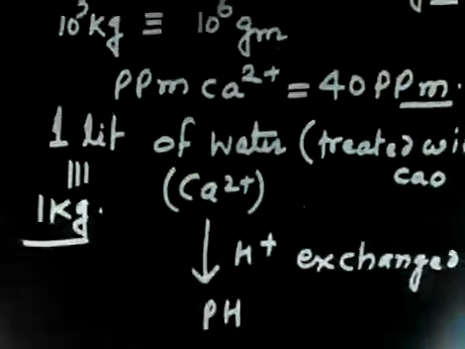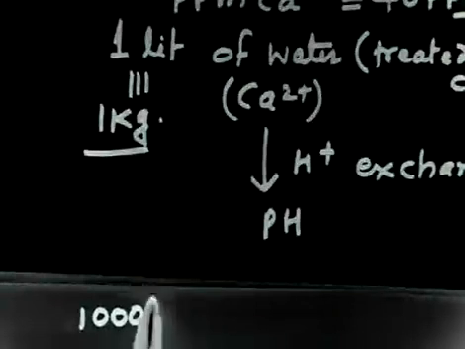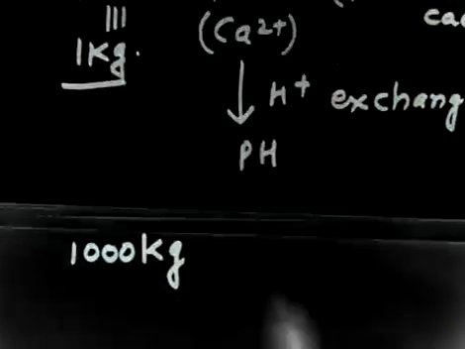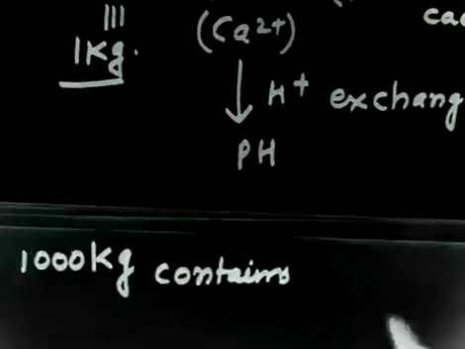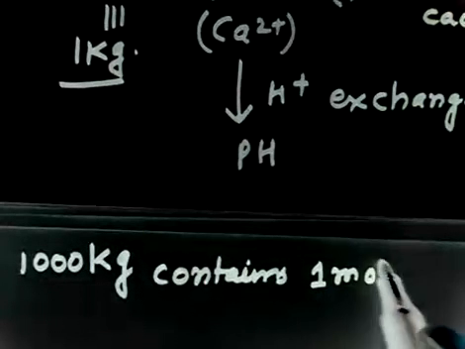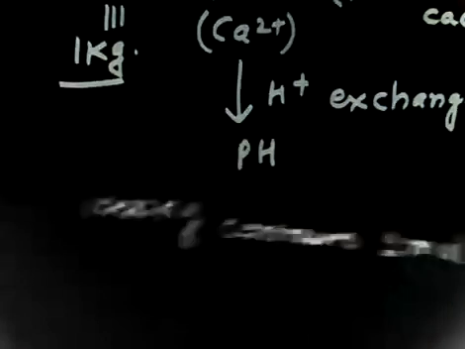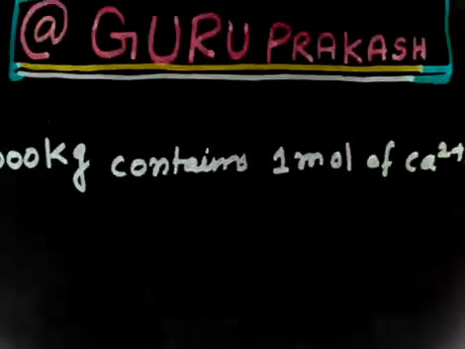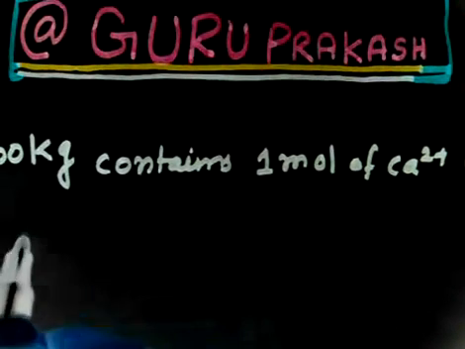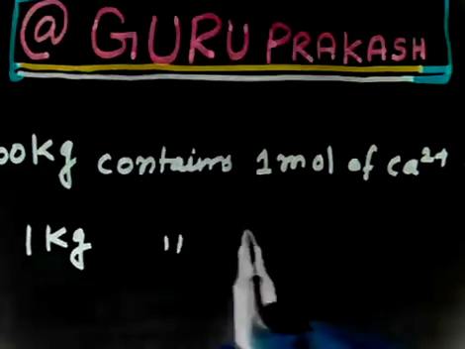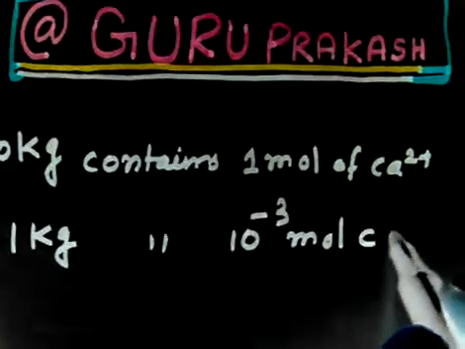So now I know 1000 kg of water contains 1 mole of Ca2 plus. Are you getting? Now I have only 1 liter of solution. So 1 liter is around 1 kg. So 1 kg will contain 10 to the power minus 3 mole of Ca2 plus.